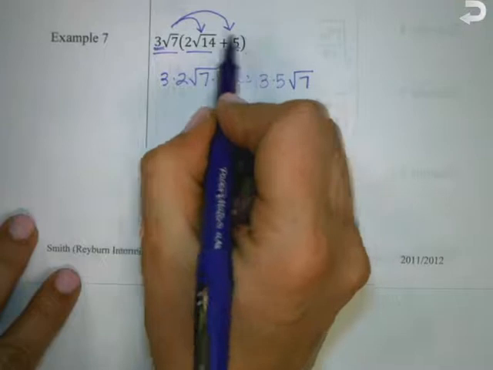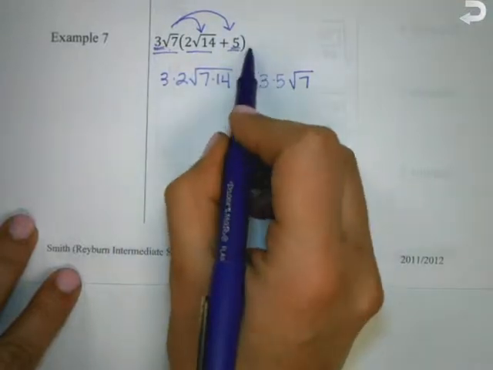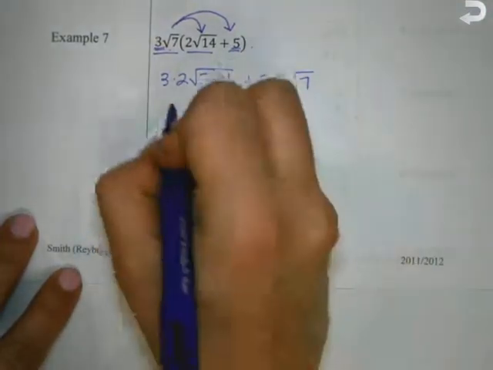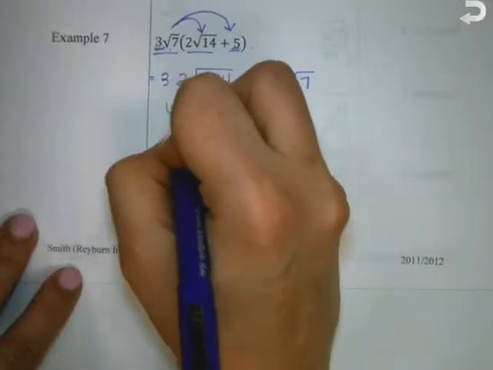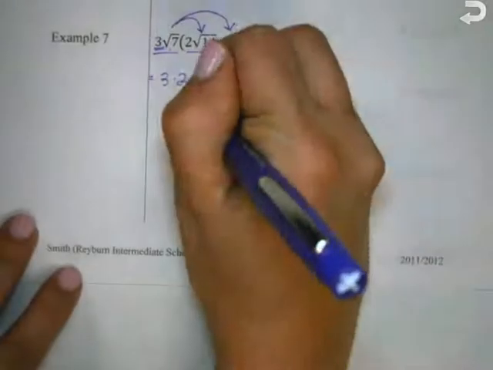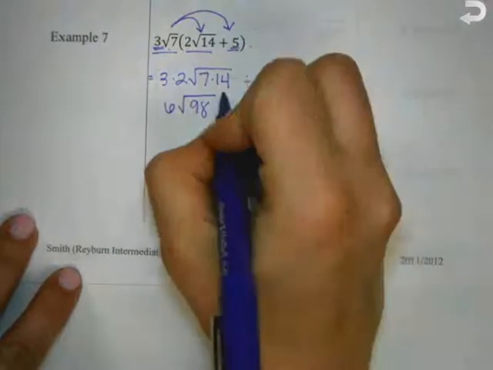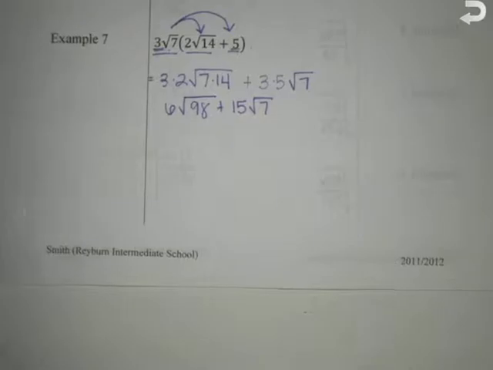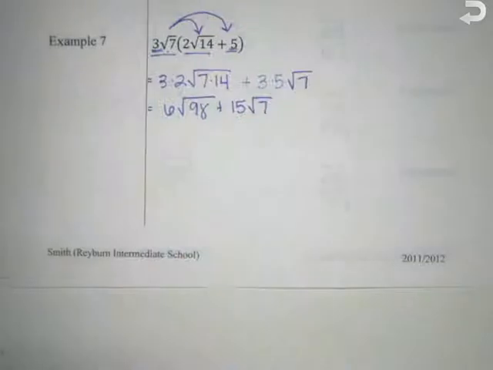Okay, let's simplify. This is 6 square root 98 plus 15 square root 7. Can I simplify the square root of 98? You can. How can we rewrite 98 using a perfect square? 49 and 2. Good.